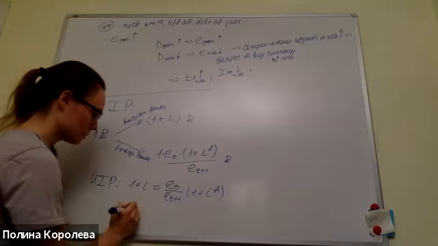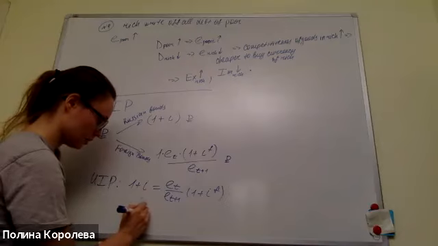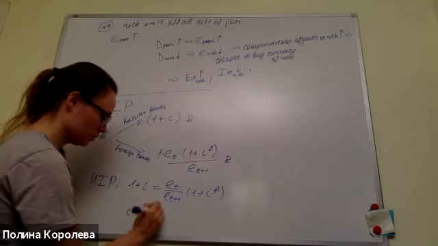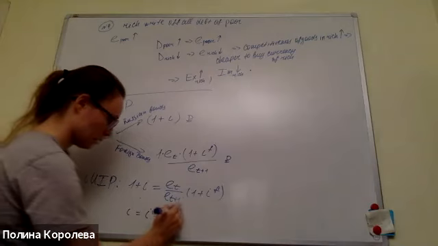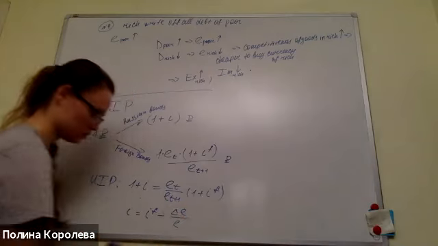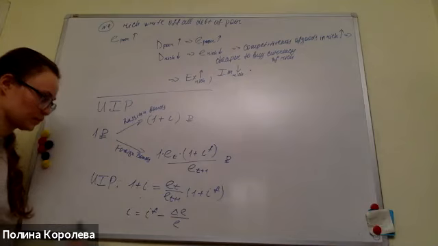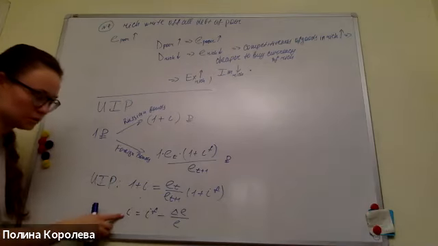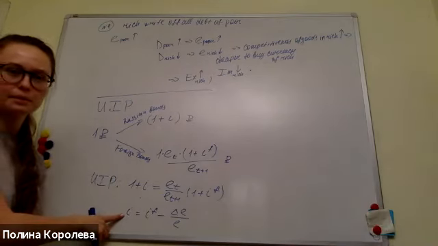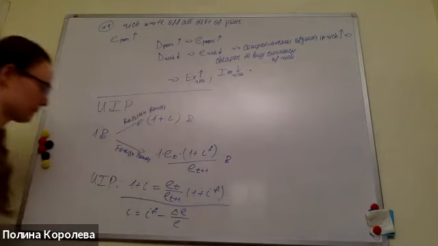It will be: our interest rate I equals the foreign interest rate minus the change in the exchange rate over the exchange rate, this conversion of the currency. So you can use this formula or this formula. They are equivalent, so however you like.